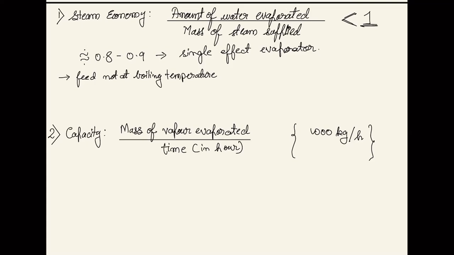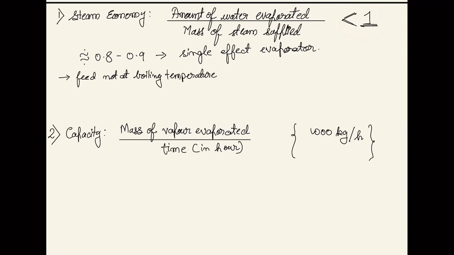So your first step towards evaporation will be to heat it, and the steam heat will be utilized in heating it, so that will essentially decrease the amount of water evaporated, and that again decreases the value of steam economy, and this is one reason.